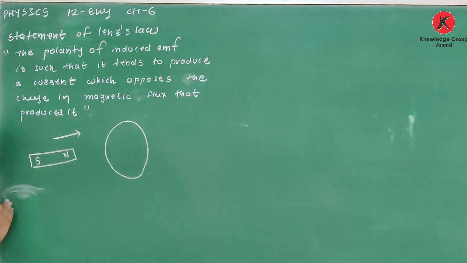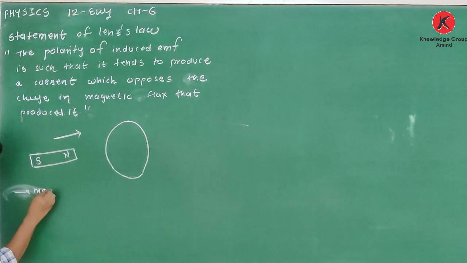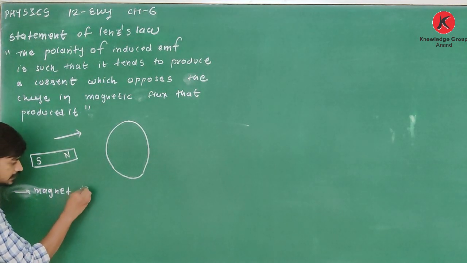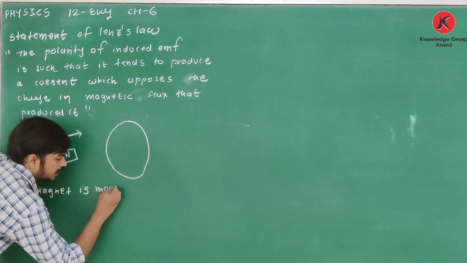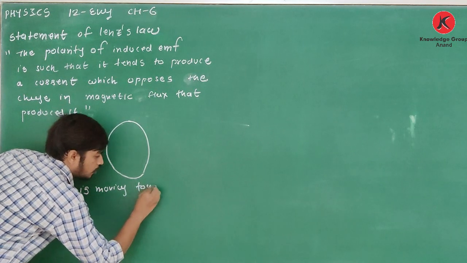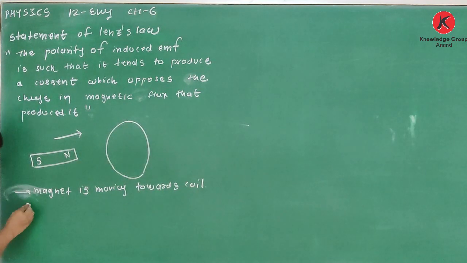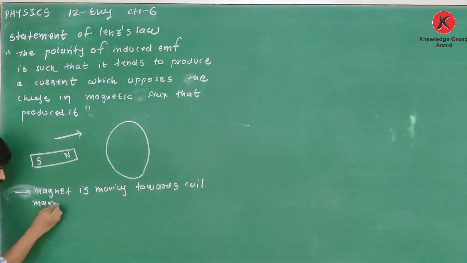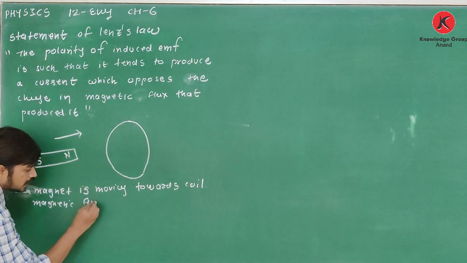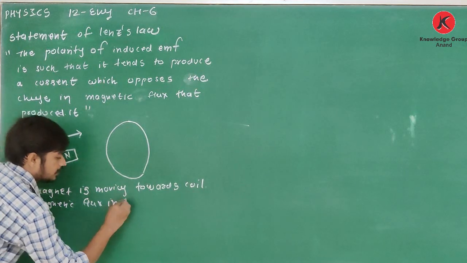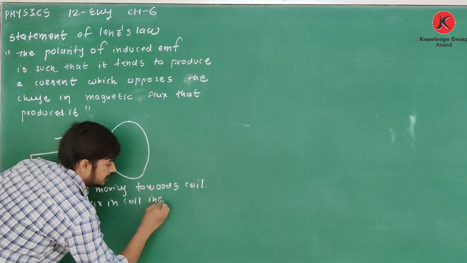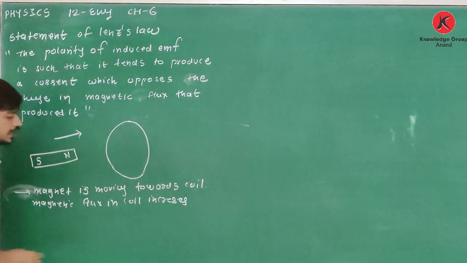As the magnet is moving towards the coil, magnetic flux in the coil increases.